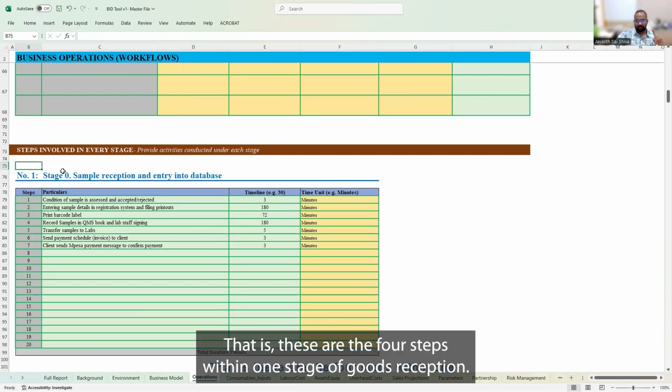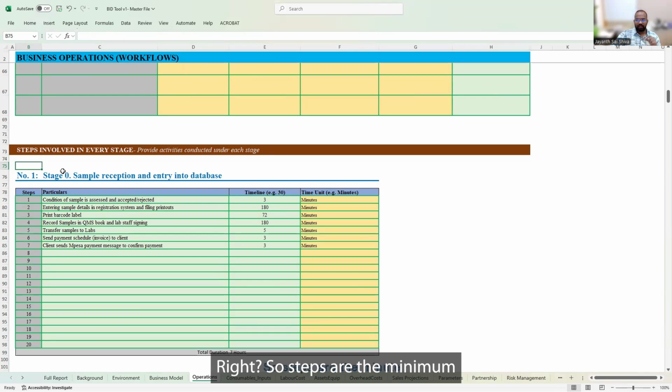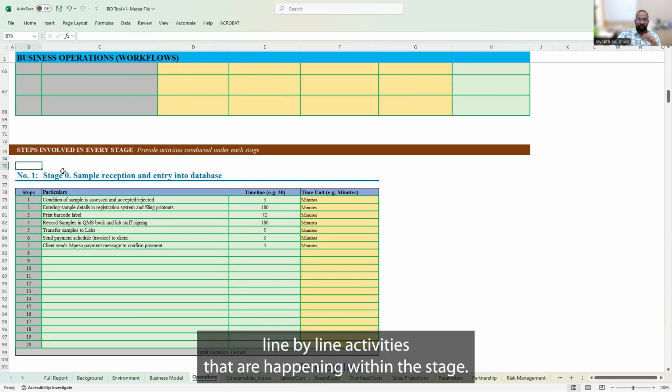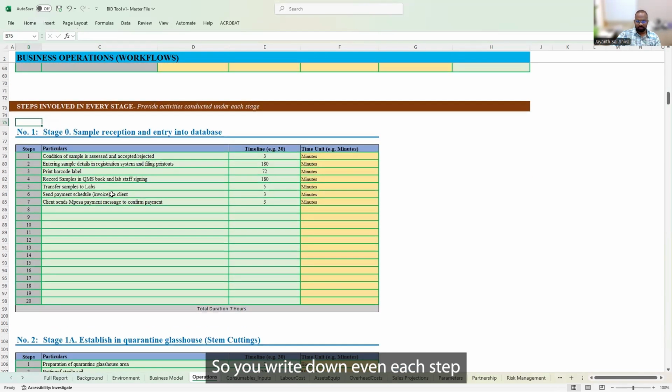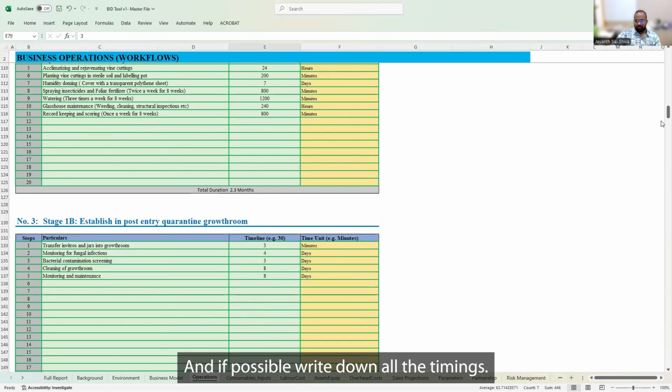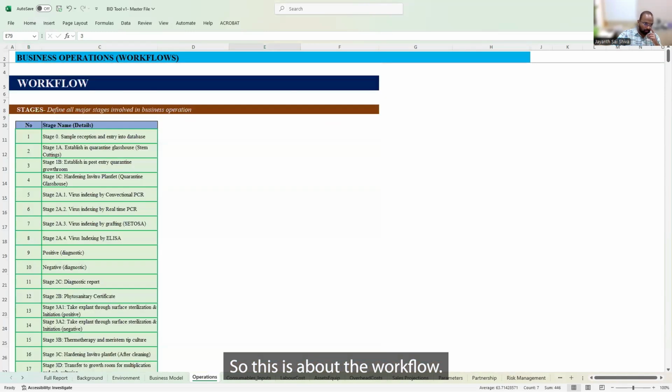These are the 4 steps within one stage of goods reception, right? So steps are the minute line-by-line activities happening within a stage. So you write down each step involved in each stage, and if possible, write down all the timelines. So this is about the workflow.